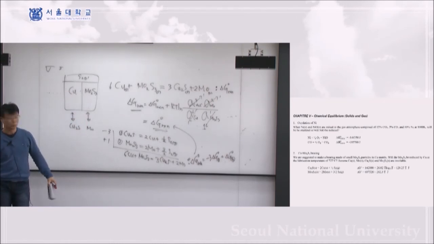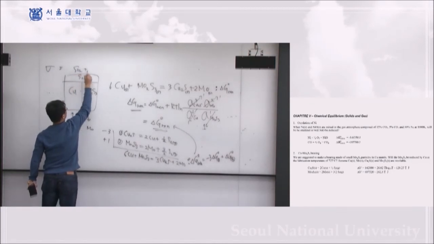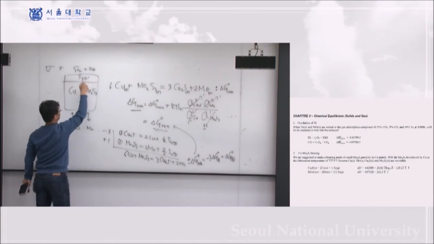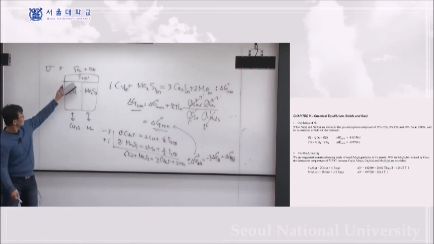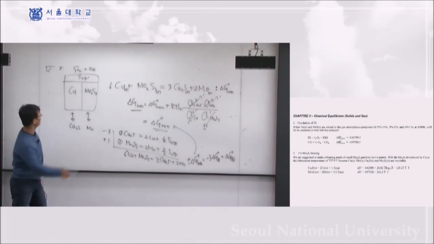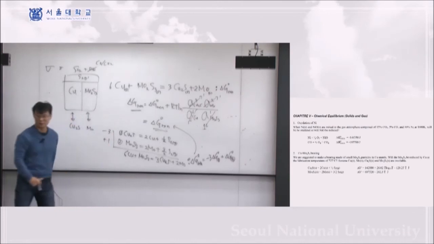S2 gas phase can be generated from SO2 and SO pressure, or SO2 and O2 pressure. I can control the S2 gas phase, yeah? S2 plus O2 becomes SO2, so I can control this partial pressure by this one, or I can even control it this way.